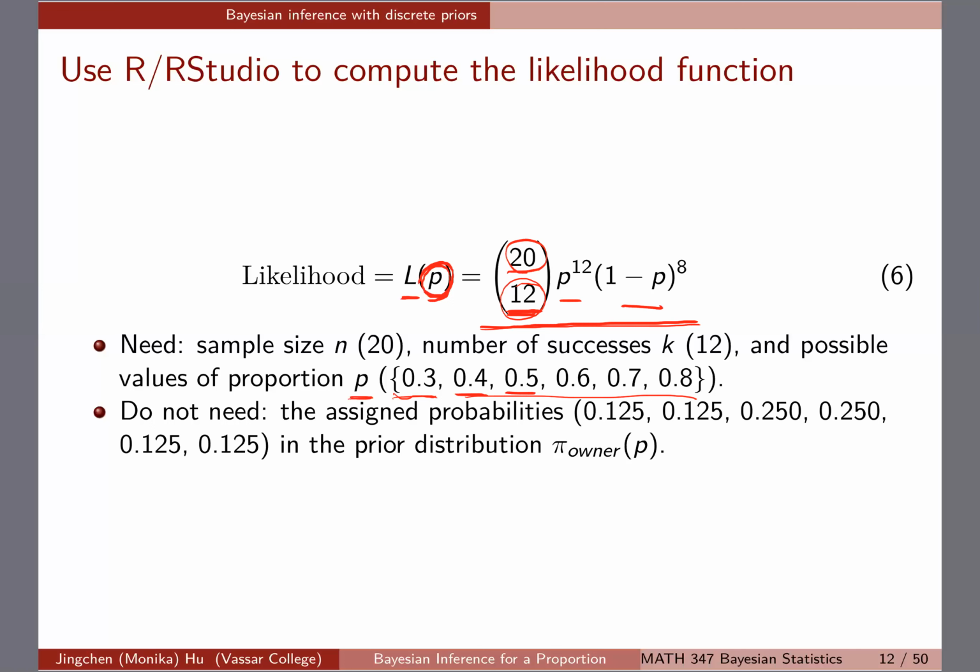For the likelihood, we only need n, y or k, and the values of p, but not the probabilities associated. Because a lot is going on, sometimes everything might feel like it's all together. But for computing the likelihood function, we don't need the prior. They are separate.